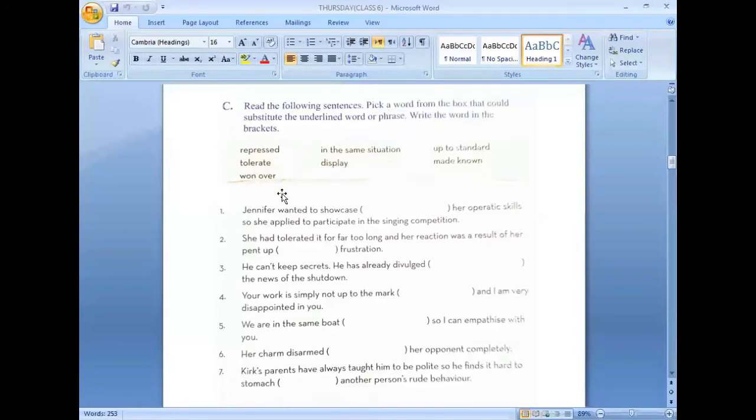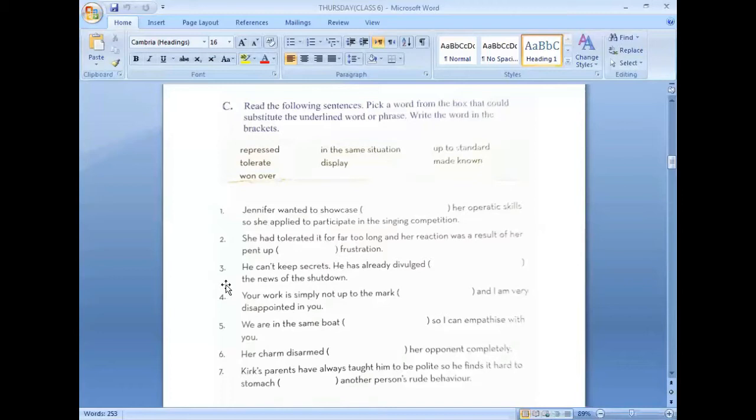What was that word? That word was repressed. So she had tolerated it for far too long, and her reaction was a result of her repressed frustration. Yes, now the word pent up will be substituted with repressed. So in number two, repressed is the answer.